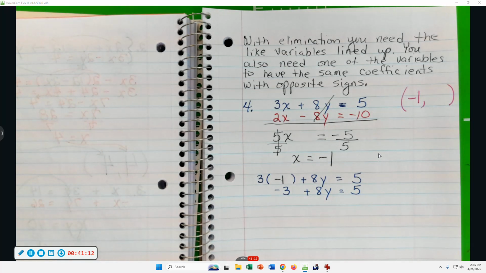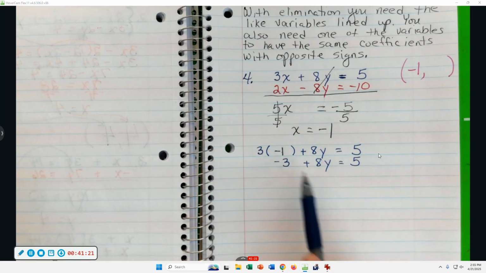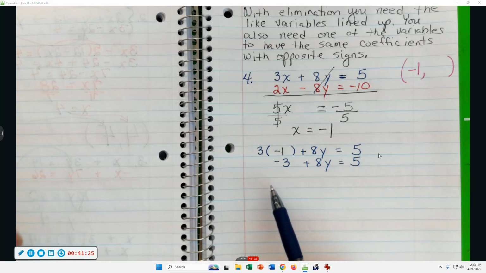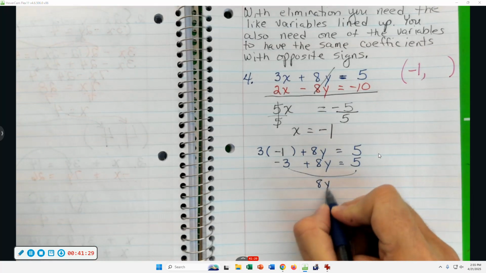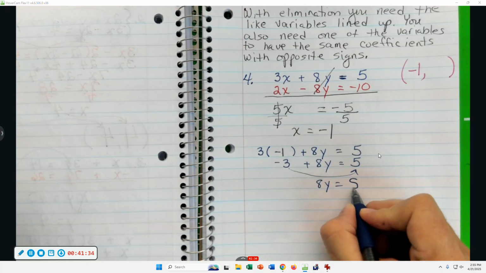So, is that one we can solve pretty easily? How would I get the y by itself? There's only one correct next step. What is it? Yeah, add 3 to give us 8y equals 8, okay.